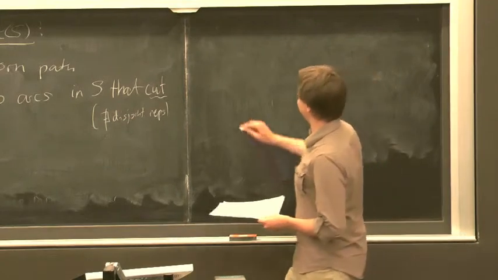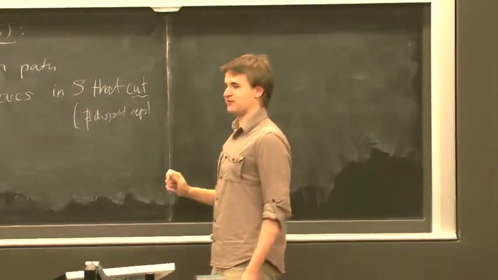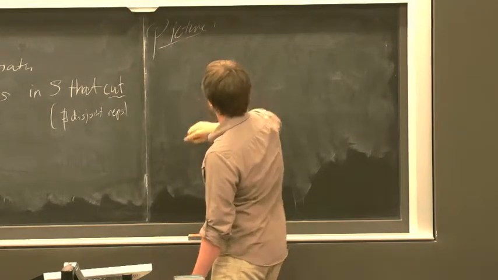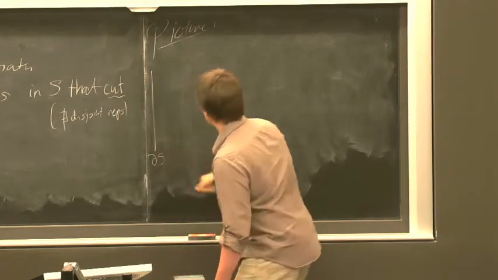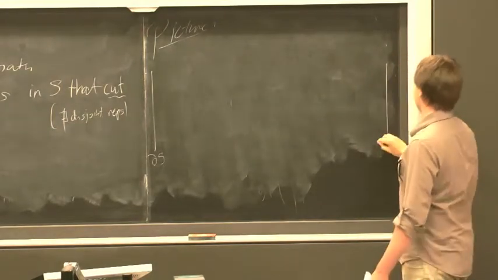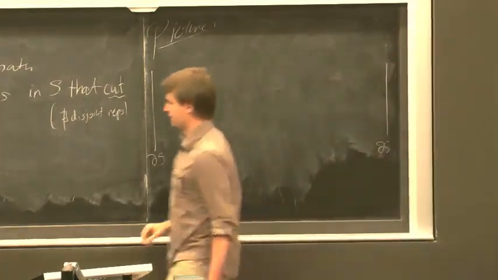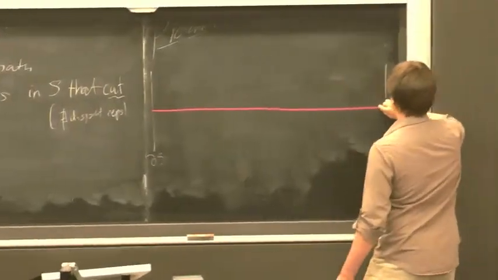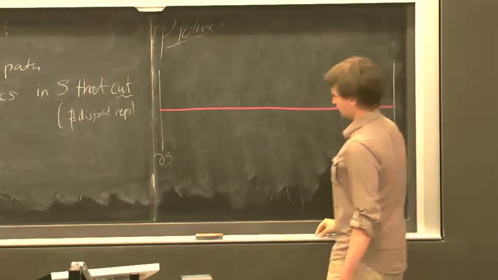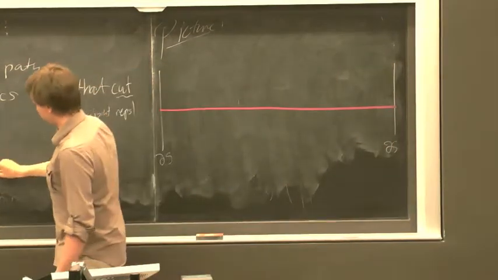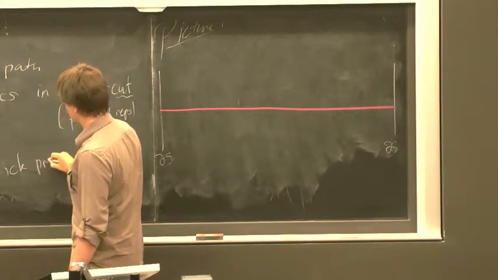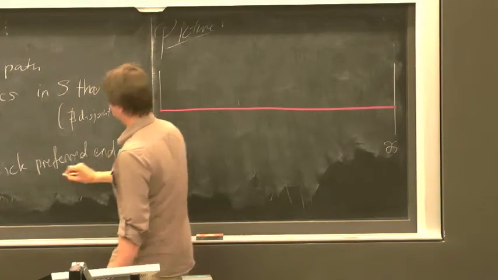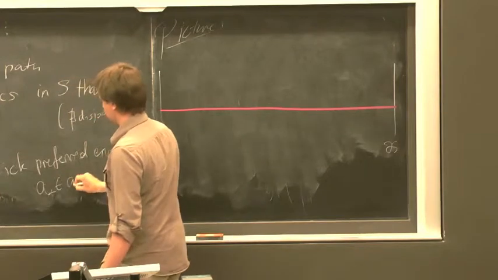Okay, I'm going to try and motivate this by a picture. I'm going to draw a picture of A. And I'm going to pick preferred endpoints of my arcs, A plus and B plus.